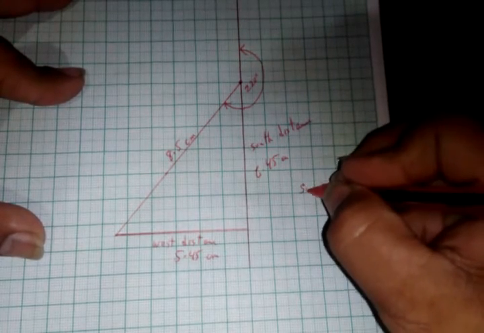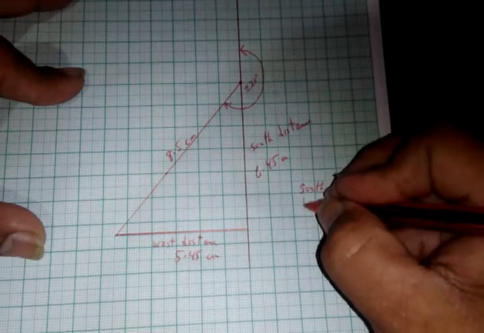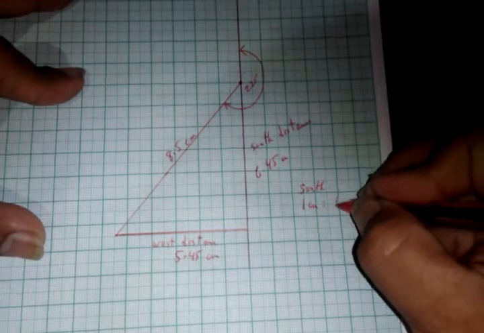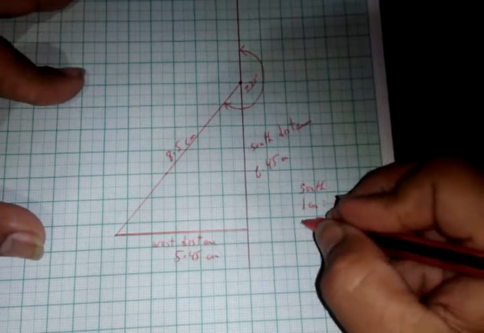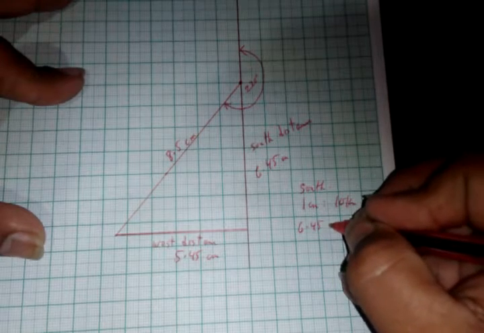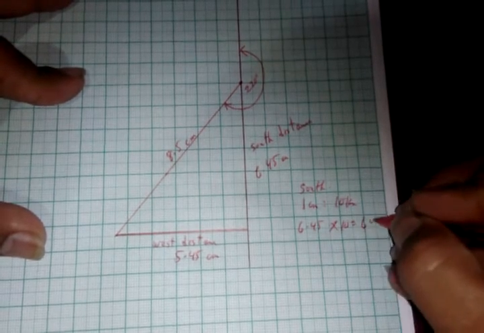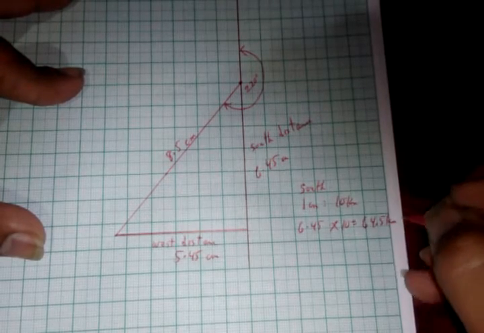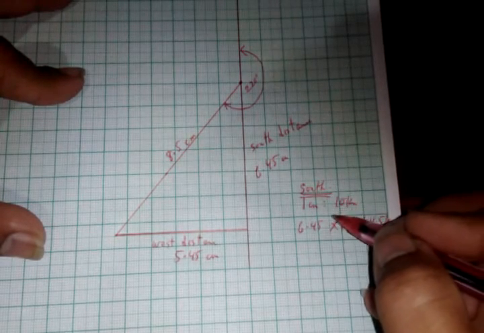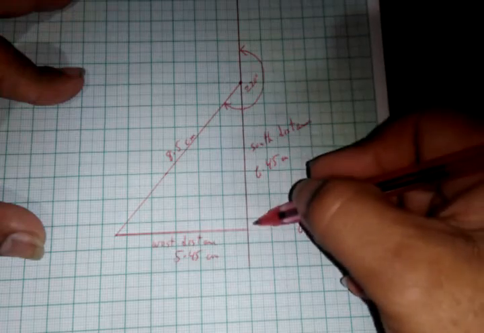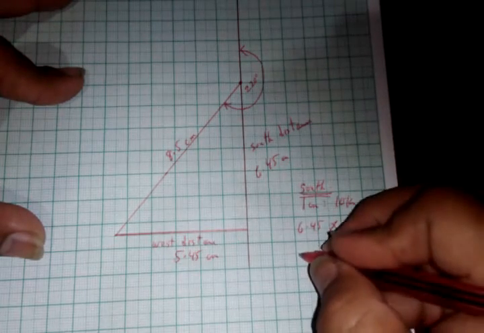Well, south, we know that 1 centimeter represents 10 kilometers. And since we're talking about 6.4 centimeters, we're going to multiply that by 10, giving us a total of 64.5 kilometers south. That's from here to here. West now.